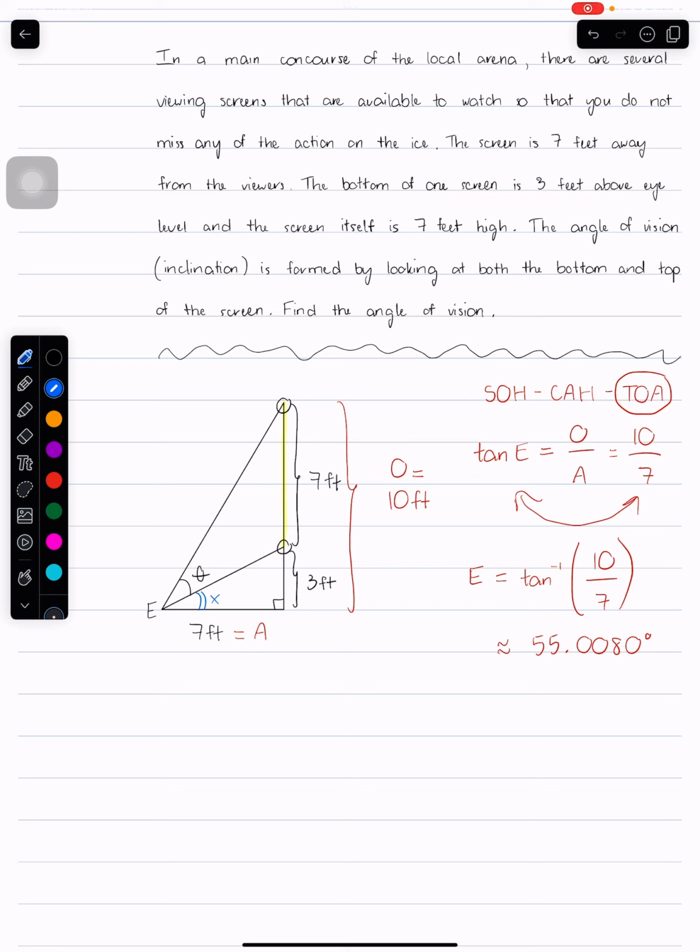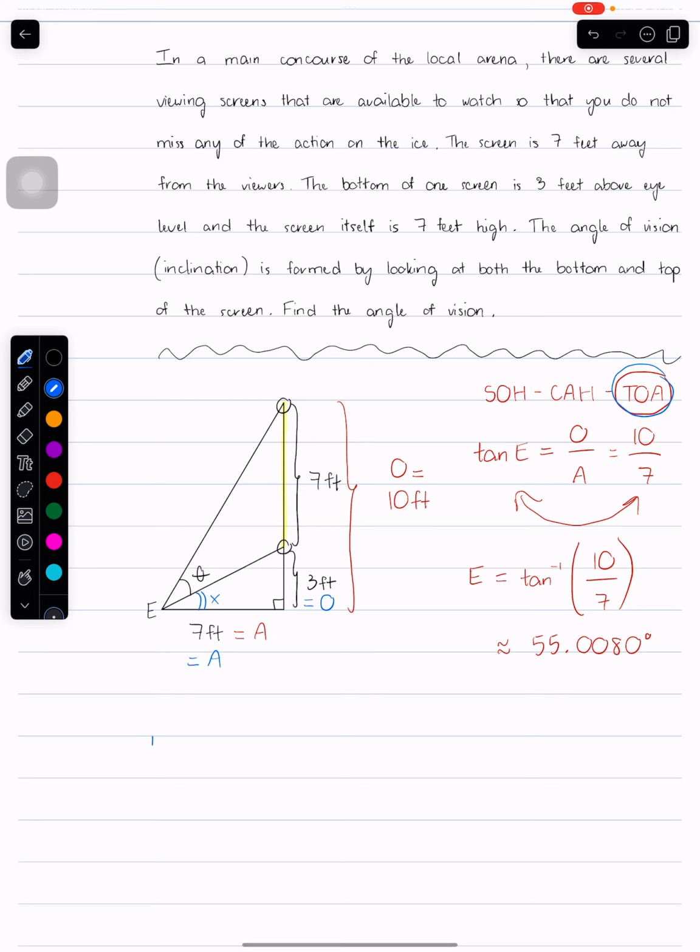Now let's get to the X angle. In order to do that, let's look at the smaller right triangle on the bottom in here. So 3 in here would be the opposite side to the angle X. And the 7 in here is one more time the adjacent side to the angle X. So we're going to do the same step as we did before. We're going to use TOA because we have opposite and adjacent in here.